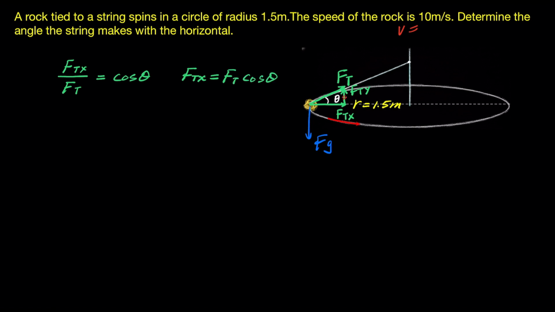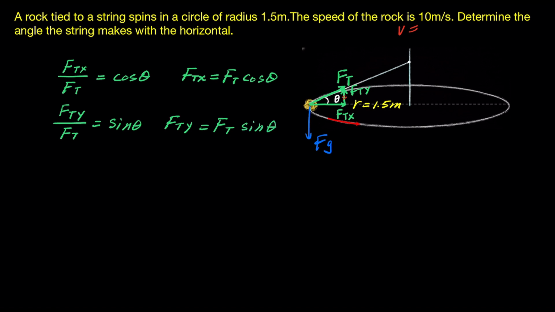For the vertical component, Fty is the opposite side of the angle theta. So Fty divided by Ft, opposite over hypotenuse, is sine theta. So we have Fty equals Ft sine theta.